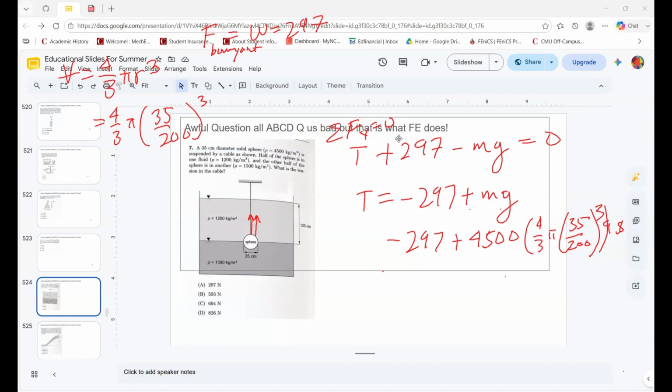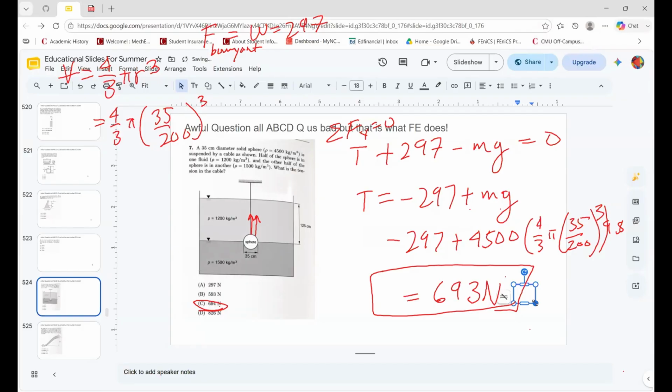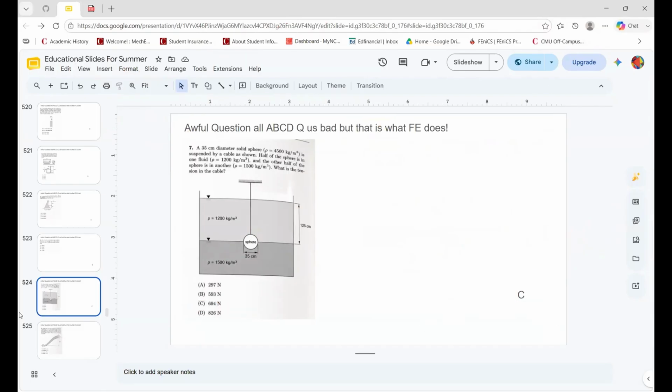I get, let me just make sure. I get equal to 693 newtons. So that must be C. Okay, plug into your calculator correctly, please. Your calculator is there to help you. That's probably the biggest mistake you can make.